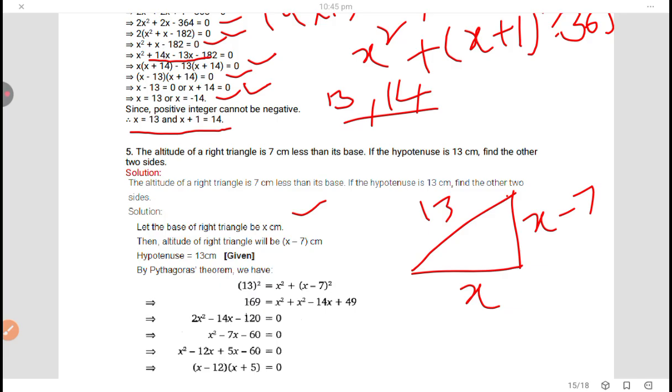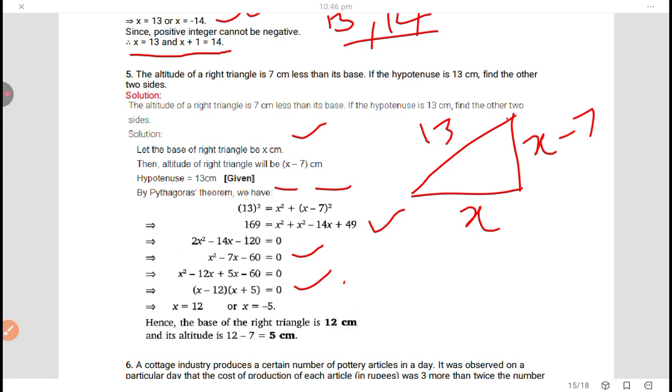So 13 square equal to x square plus x minus 7 whole square. So this will be converted into a quadratic equation. From here we will solve for the value of x. So you'll get x equal to 12 and x equal to minus 5.